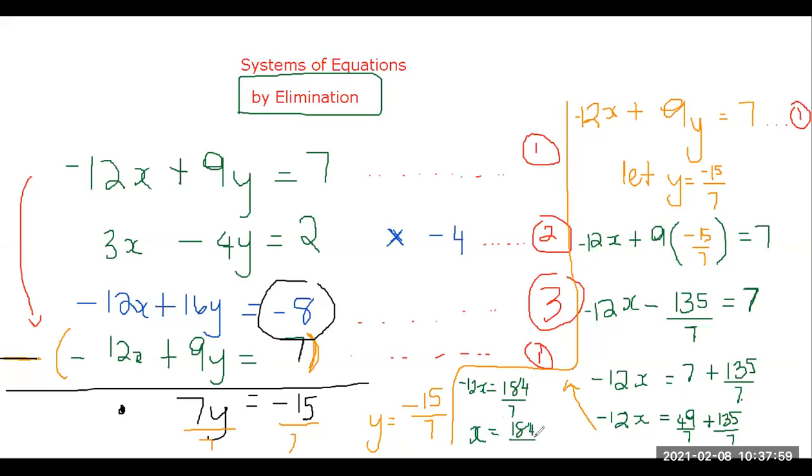Feel free to put this in a decimal format and give it 2 decimal places. So 184 divided by negative 12, because in order to get rid of the negative 12 over here, I divided both sides by negative 12. All right. That's how you do the process of elimination. We're going to do one more example after this. Okay. That's the process of elimination.